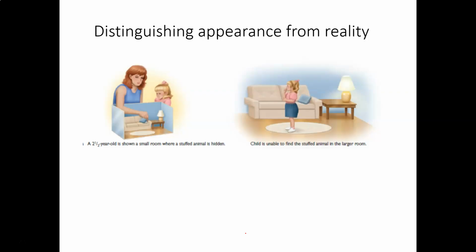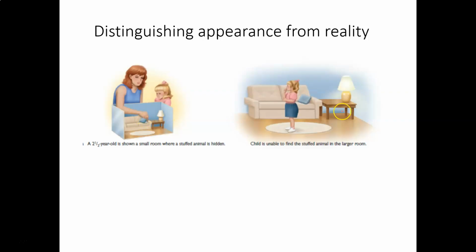Kiddos in the pre-operational stage also have difficulty distinguishing appearance from reality, so they don't necessarily recognize that larger objects can be represented as models. In this particular test, a 2.5-year-old is shown a small model of a room, where a stuffed animal is placed behind a pillow.